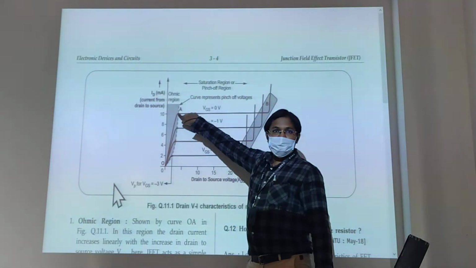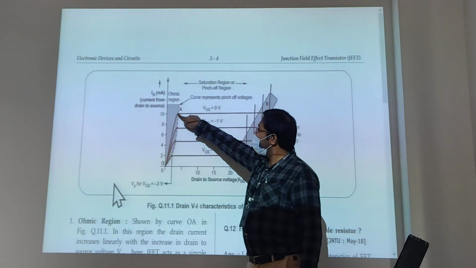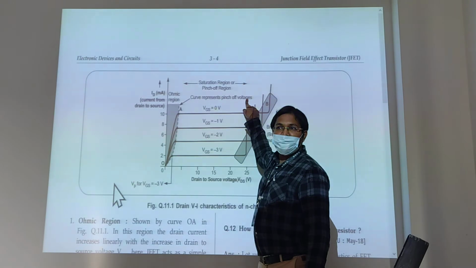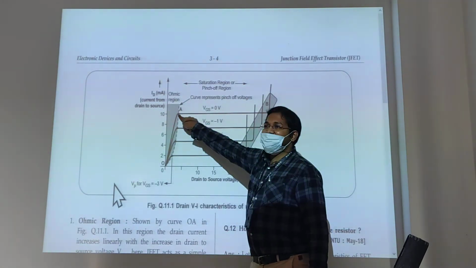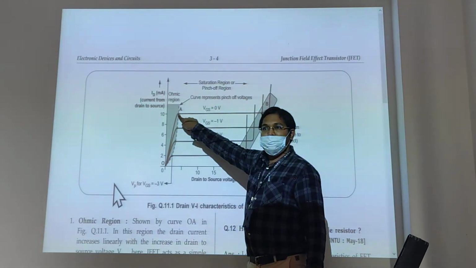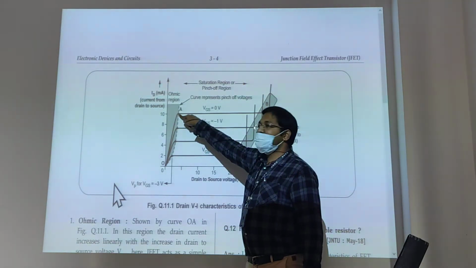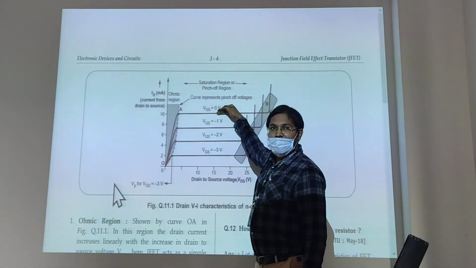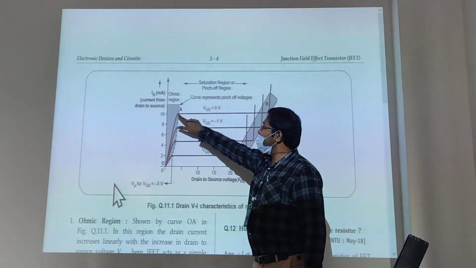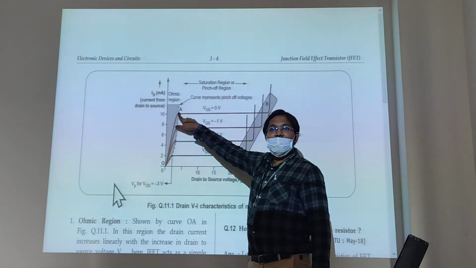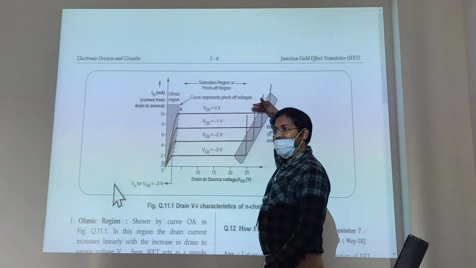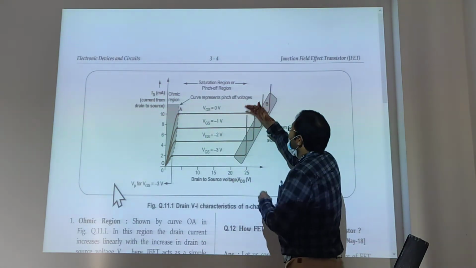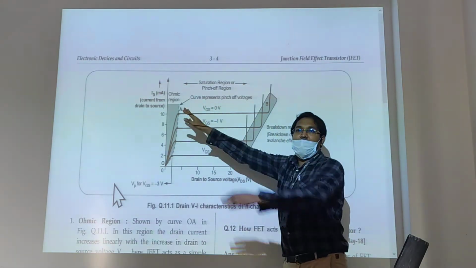Now see this point. What is the voltage at this point? The curve represents pinch off. So this is the pinch off voltage. At pinch off voltage, what is happening? The current is saturating. So this is the maximum current that we can get, of course before the transistor breaks down.